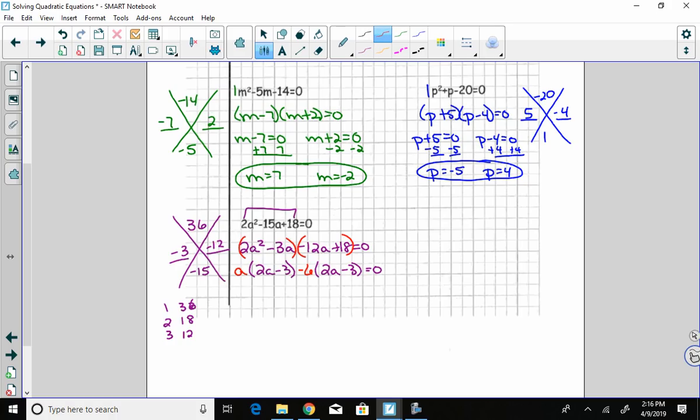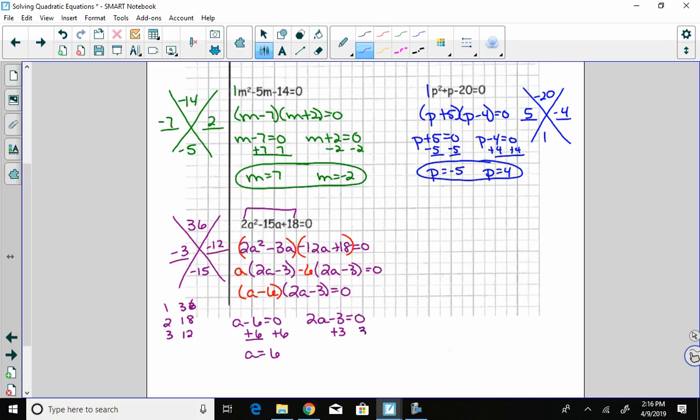So my first factor is a minus 6. My second factor is 2a minus 3. Set each one equal to 0. So a minus 6 equals 0, or 2a minus 3 equals 0, and solve for a. The first one is 6.